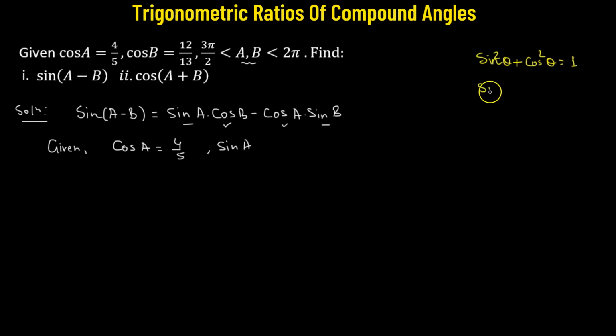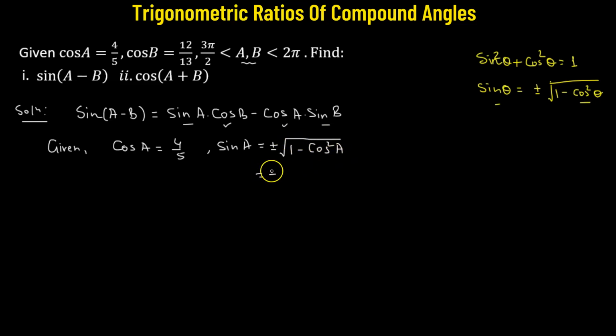To find out the value of sine theta, all we have to do is rewrite it in the form plus or minus square root of 1 minus cosine squared theta. Meaning, if we know the value of cosine theta, then we can immediately find out the value of sine theta. Now in this case we have cosine of A, so we can find out sine of A by using the formula plus or minus square root of 1 minus cosine squared A. So here our angle theta is represented by A.